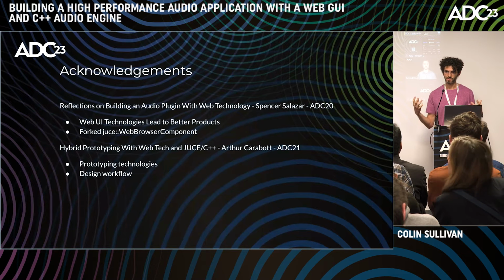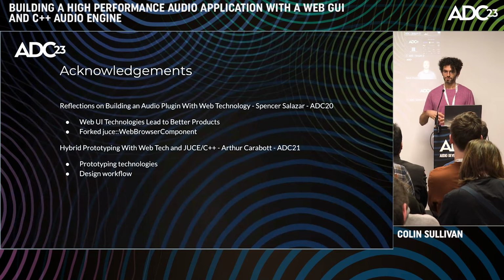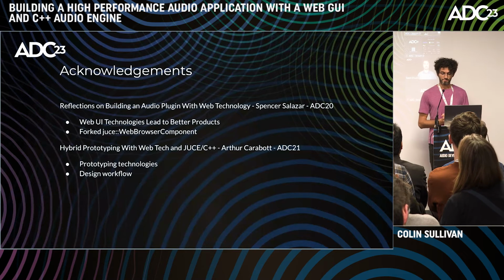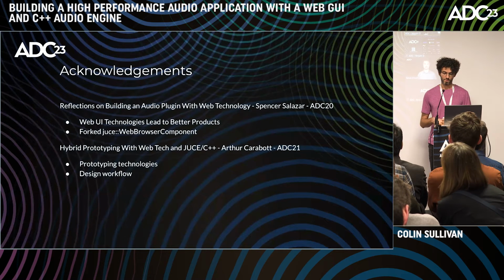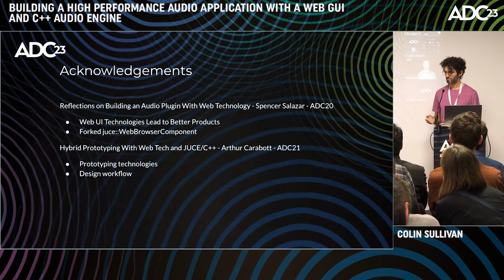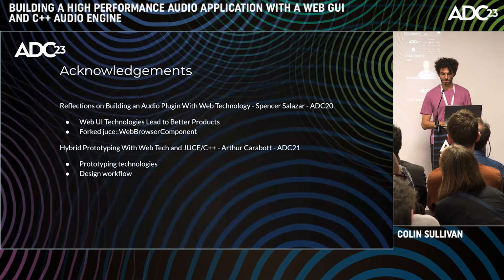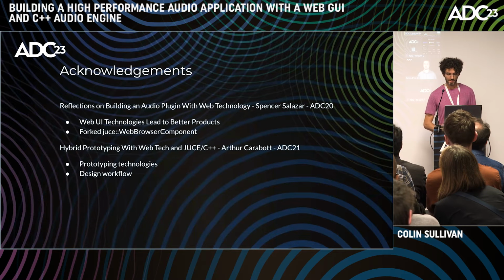The development process, modern UI tooling, the ability for web UIs to reach out to cloud services, and the collaboration between design and engineering. Spencer also discusses how Output is maintaining a fork of the JUCE web browser component, and that enables communication and developer tools, and a few of the things we're speaking of today. So we're kind of picking up where that talk left off.